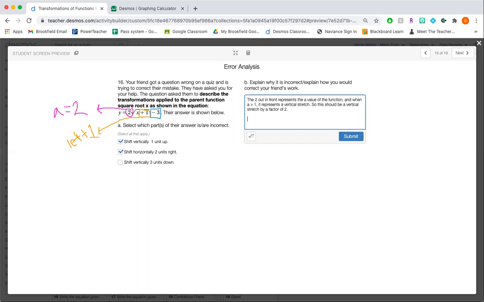And then the other mistake is the +1 inside the square root, or under the square root, is shifting the x values. So it is a horizontal shift, and since it's +1, it is to the left 1 unit. So something like that to explain why your friend is incorrect or what would be the correct answer is the best way to kind of go through this one.